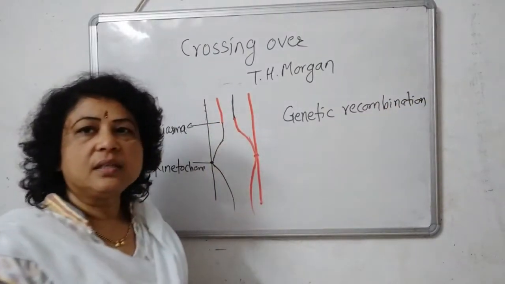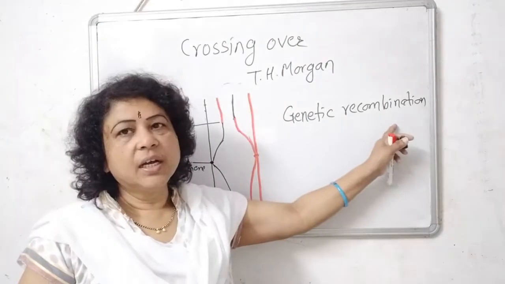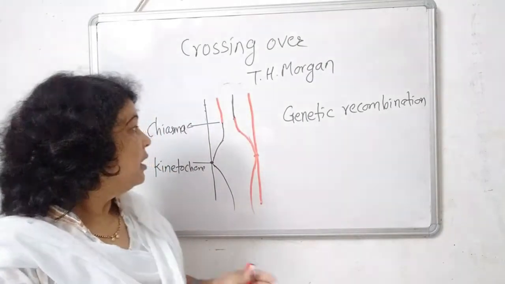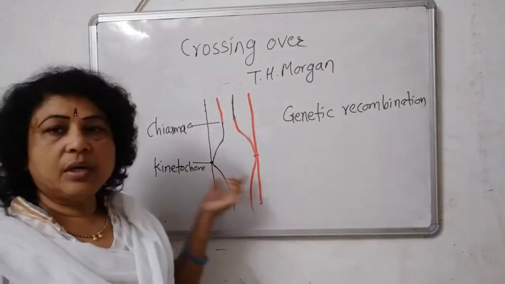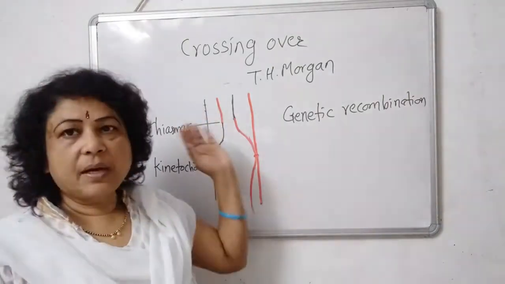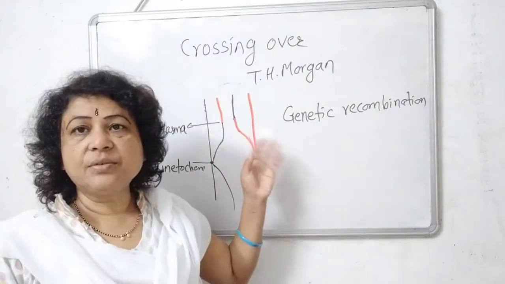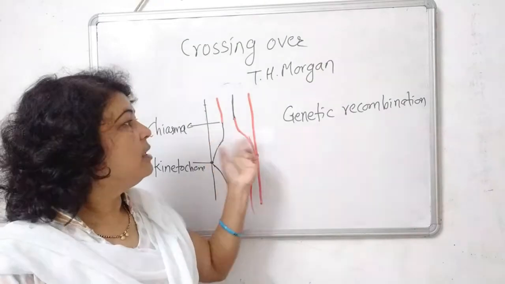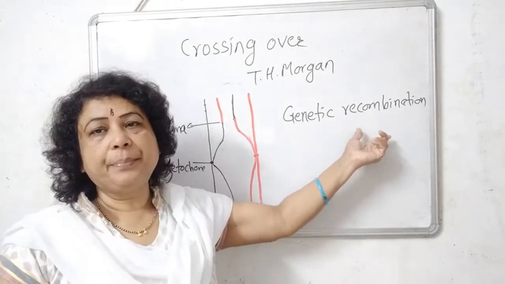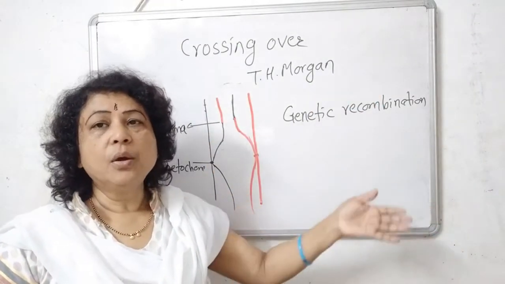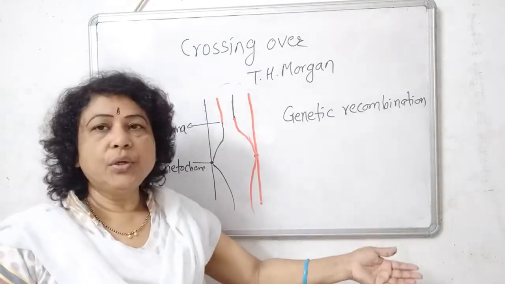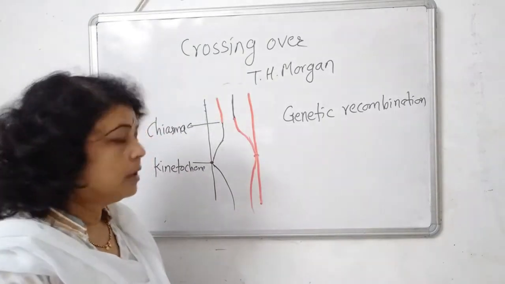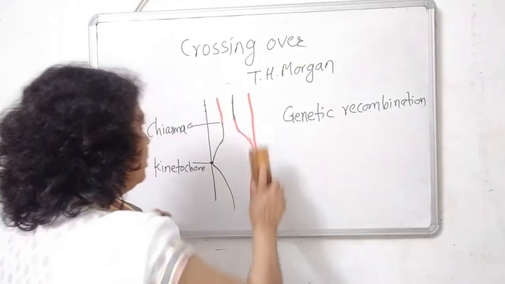When crossing over takes place, the chromosomal parts exchange, and new genetic recombinations appear in the progeny.